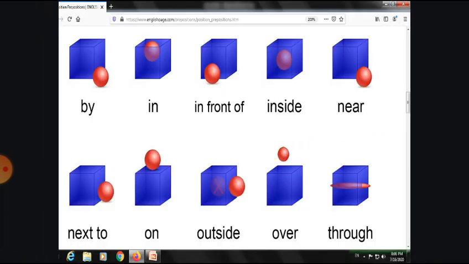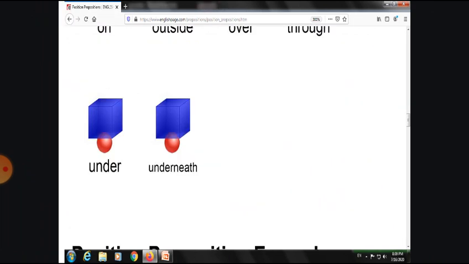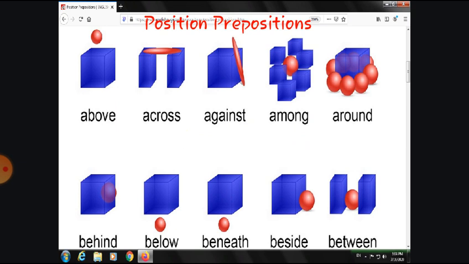Others are also here: by, in front of, inside, near, next to, on, outside, over, through, and under and underneath are basically the position prepositions. And now let's try to understand how above as a preposition is used.